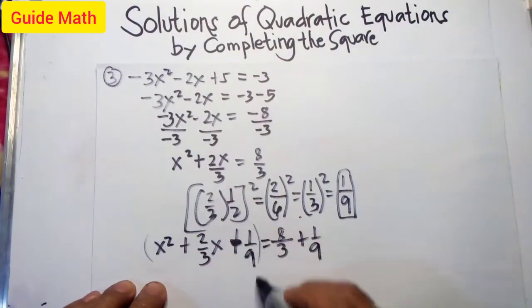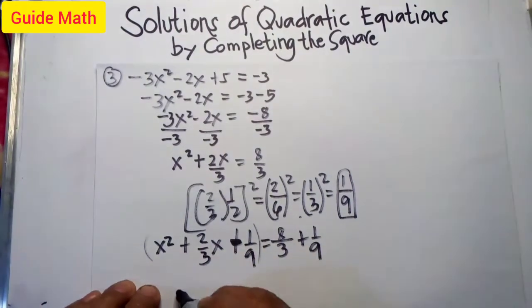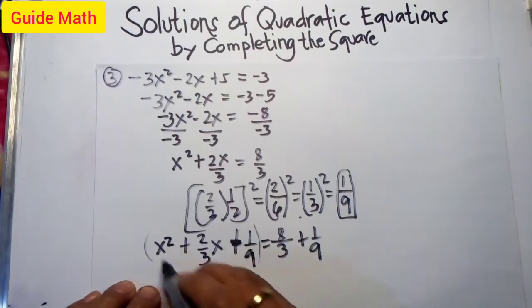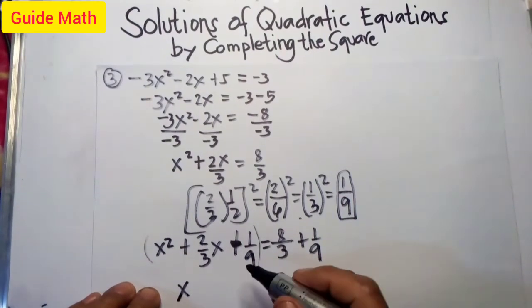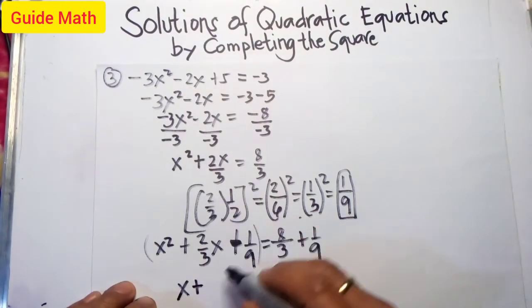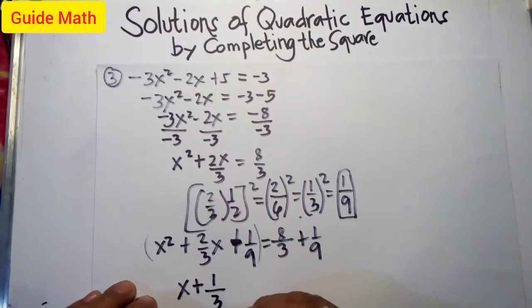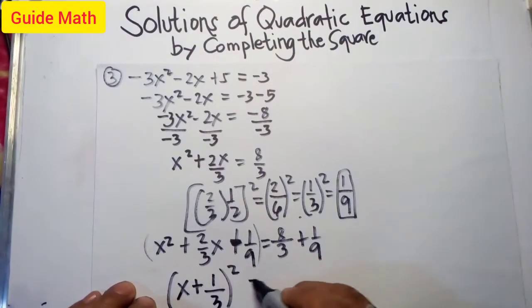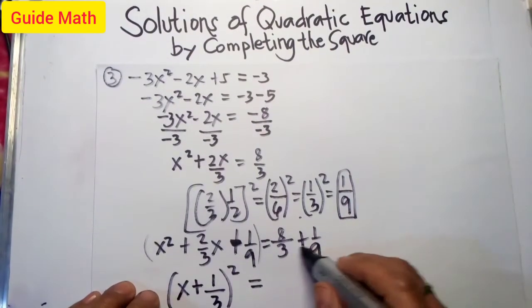Ito, perfect square trinomial. So gawin natin is, kopyahin natin yung x. Then, copy the sign. Then, square root of 1 is 1. Square root of 9 is 3. Then we need to square that. Is equal to, and this we have to combine this.